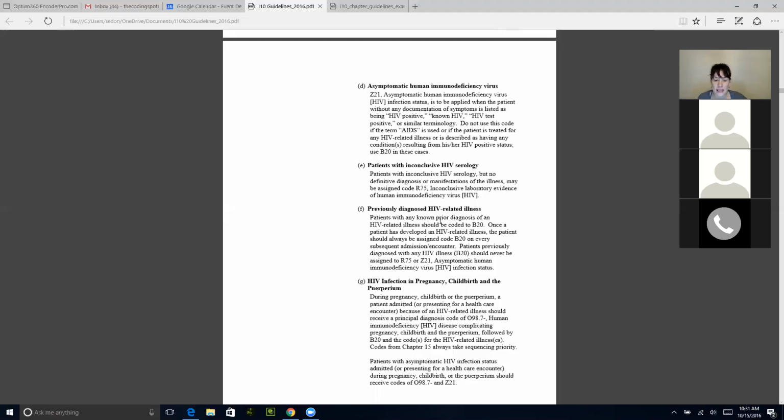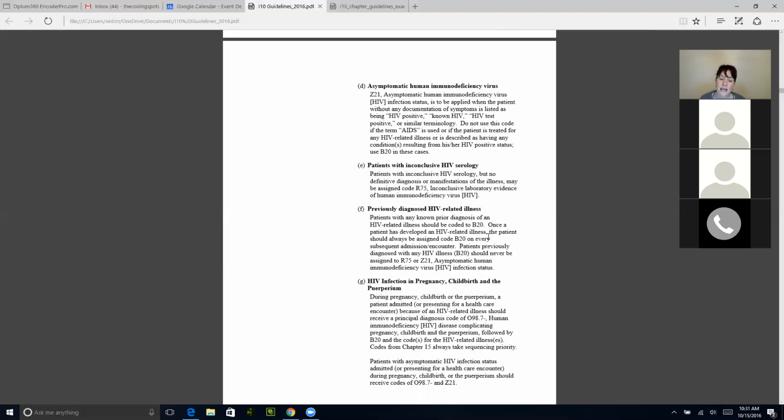Previously diagnosed HIV-related illness. Patients with a known prior diagnosis of an HIV-related illness should be coded to B20. So this is what we just covered. Once a patient has developed an HIV-related illness, the patient should always be assigned code B20 on every subsequent admission or encounter.